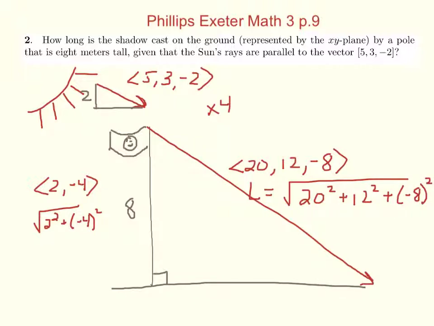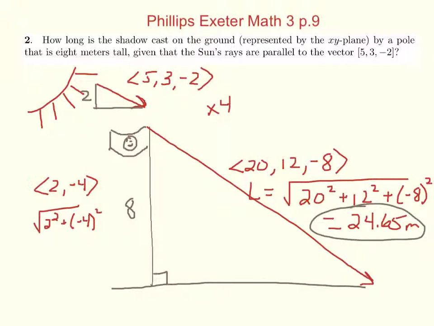When I did that, I got 24.65. Correct me if I'm wrong on my math there. And that would be meters. So the length of that vector, from the top of the flagpole to the ground, would be 24.65 meters.